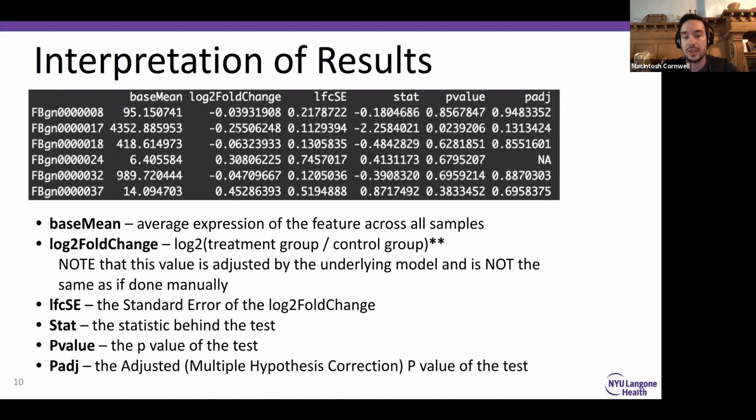This change might not seem that large, but considering numbers that size, it can still be considered significant. On the other hand, this feature has an average expression of 6 across all of your samples, and it actually has a larger difference between A versus B. But not only is the p-value not significant, it doesn't even calculate your adjusted p-value.